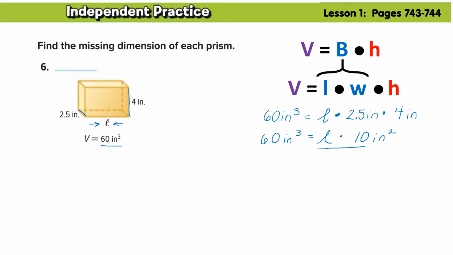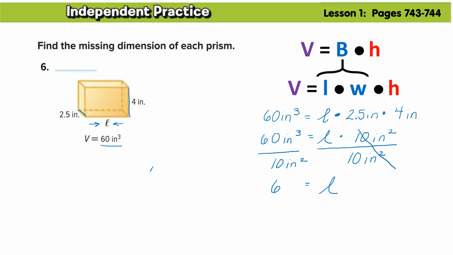Now we're going to divide by 10 inches squared. This cancels out on the right, which just leaves me with L for length. And 60 divided by 10 equals 6.